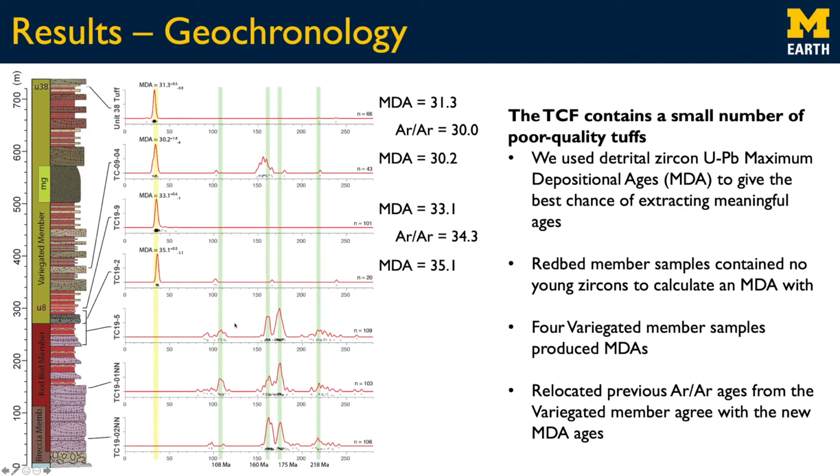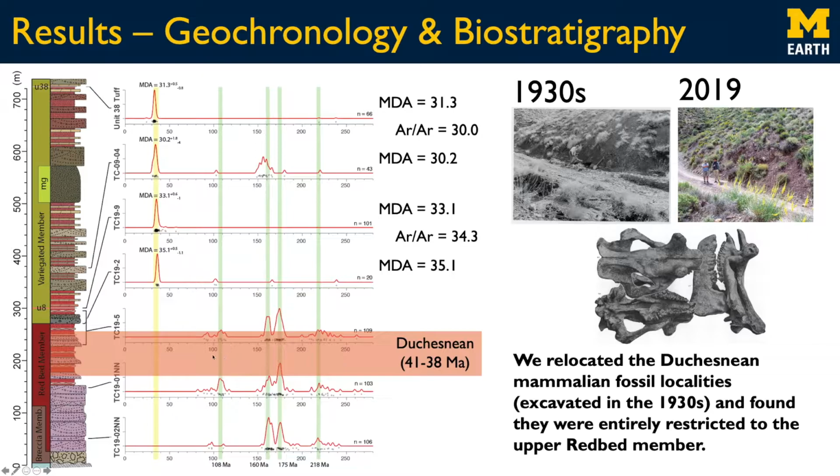Now, the red bed member we weren't able to get any radiometric dates from, but we were able to relocate those fossil localities from the 1930s into the upper red bed member, giving that interval a Duchesnean age based on that fossil assemblage. And so between the biostratigraphy and our new geochronology, we have a relatively good age structure for the whole formation, ranging from around 40 Ma to 30 Ma.